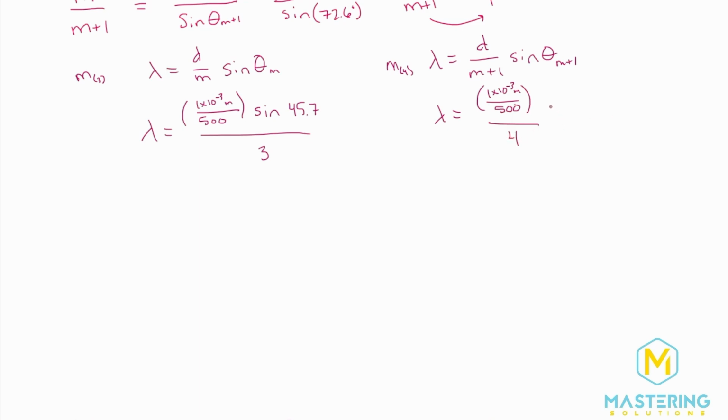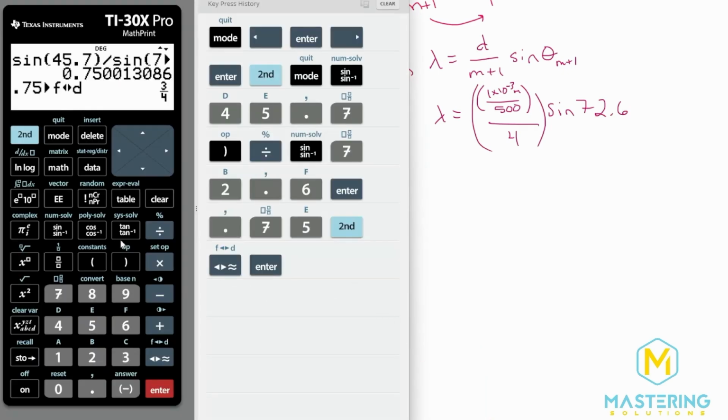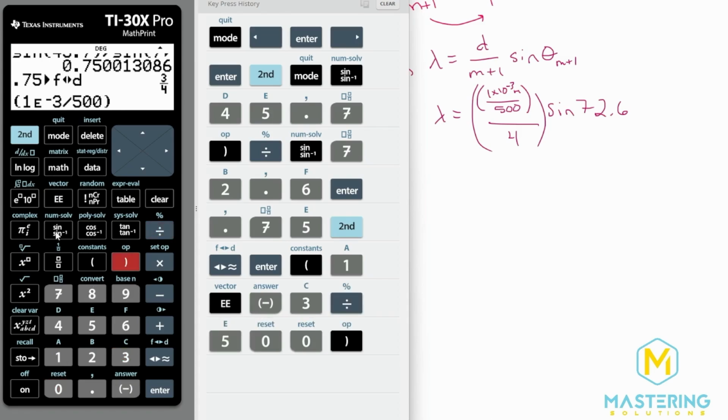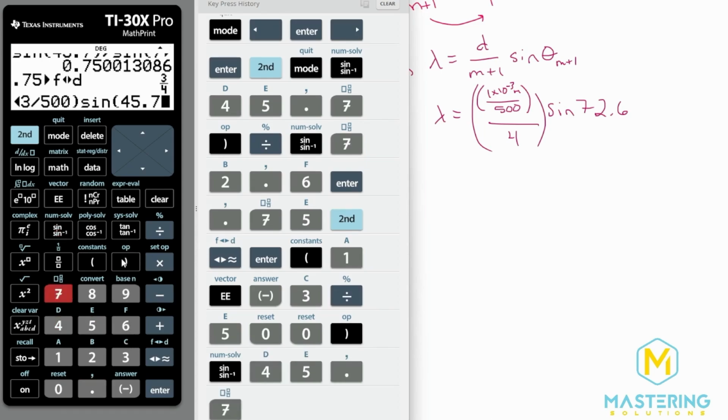Now we have to use the angle that corresponded with m of 4, and that was 72.6. All right. So now when we go to our calculator, we have 1 times 10 to the negative 3 divided by 500 slits times the sine of the angle, which we said was 45.7.